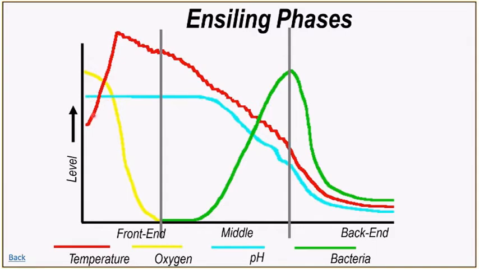In the beginning, the whole reason we chop forages for ensiling is to break apart the cell wall and expose the sugar, because the sugar is going to get converted to the acid that lowers the pH and preserves the crop. But in the beginning, there's a lot of oxygen present. So if we have sugar exposed to oxygen, we're going to get something bad happening, and that's combustion.